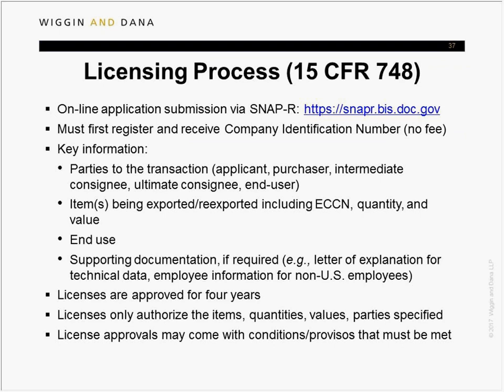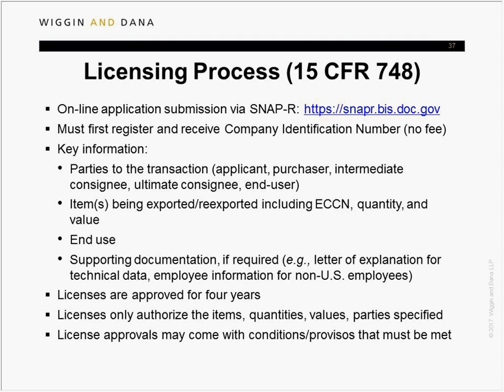For those of you who have spent a lot of time in ITAR land, the good news is that EAR licenses are free. You don't have to pay a fee for them. You have to register and get a company identification number, and then you can use the online system at Snapper, at the hyperlink there.